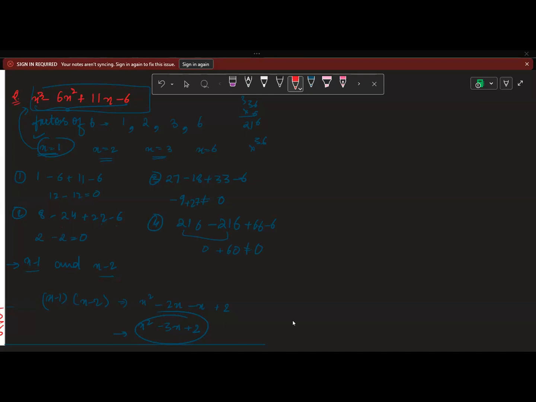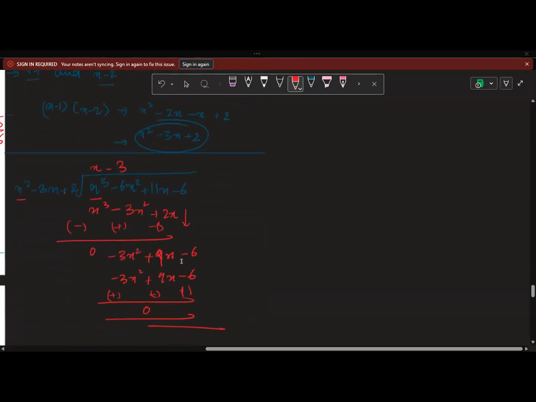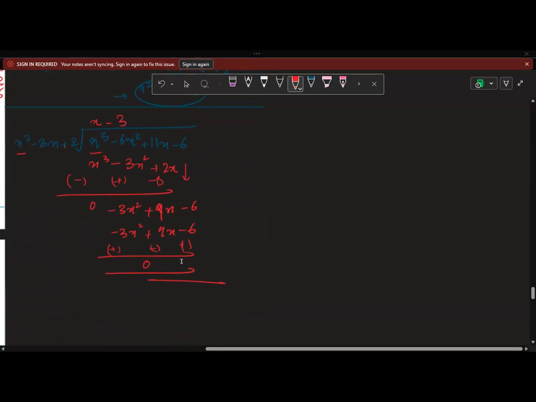Done, ma'am. Okay. Shall I scroll it down? Yes, ma'am. Children, copy this part. And this part, try to do it on your own. And when you are stuck, then only refer to my solution. Okay, but just try it once on your own.